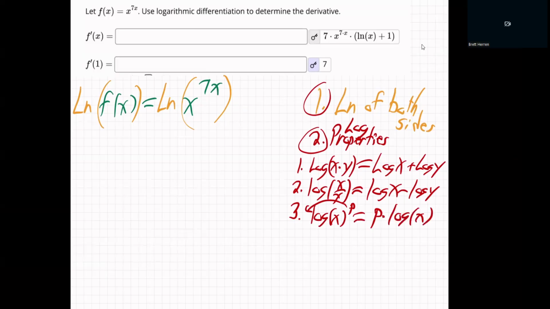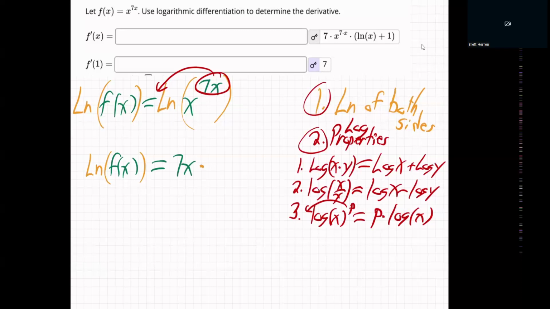Really the only one we're going to use is this one, the third. So it's ln of f of x equals, and that 7x comes to the front, times ln of x.